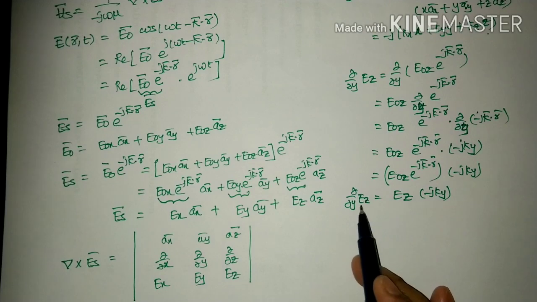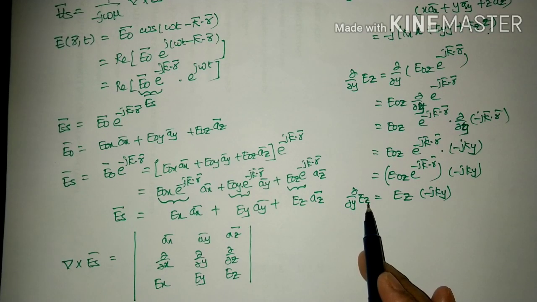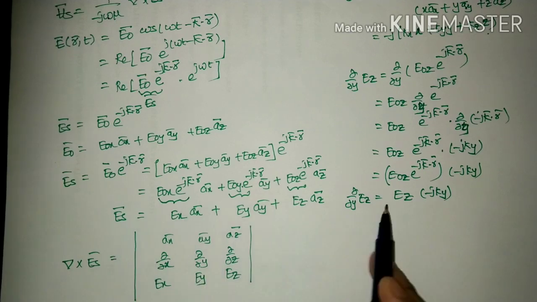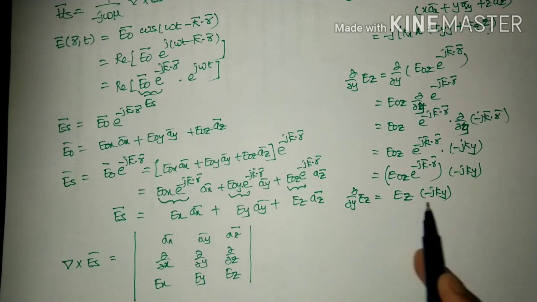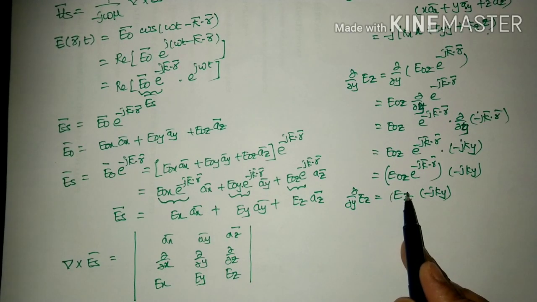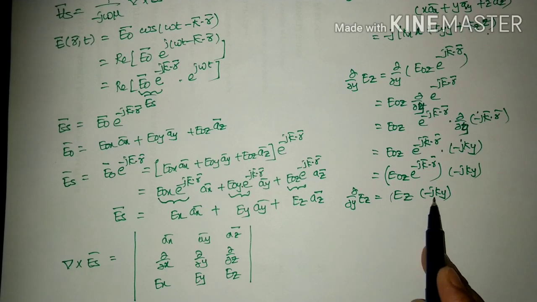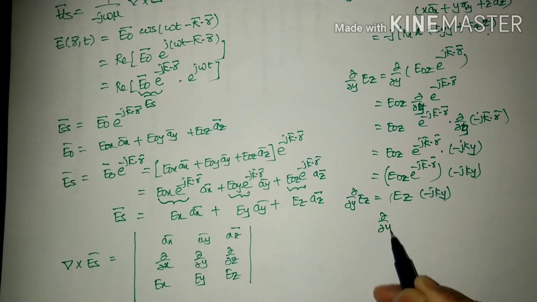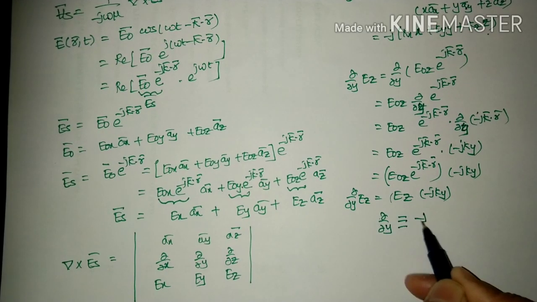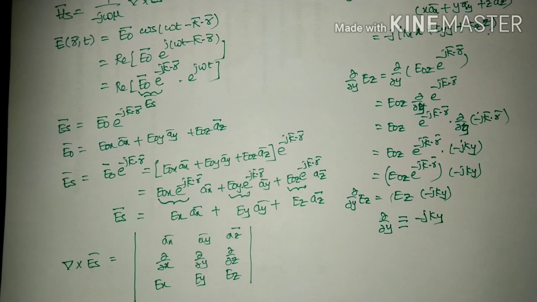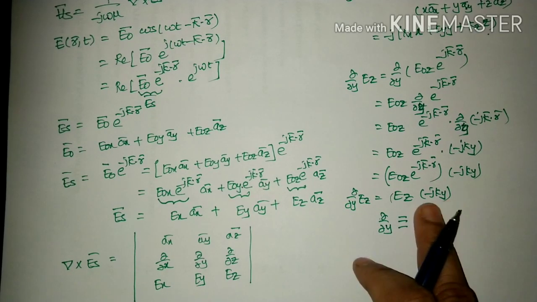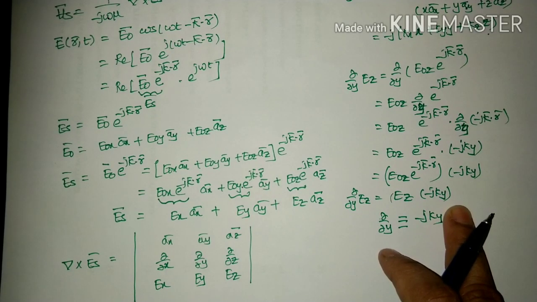So if you differentiate the z component of the phasor form of the electric field with respect to y, then you will get the z component Ez into minus j ky. It means dou by dou y is equivalent to minus j ky. Differentiating with respect to y is nothing but multiplying with minus j ky.